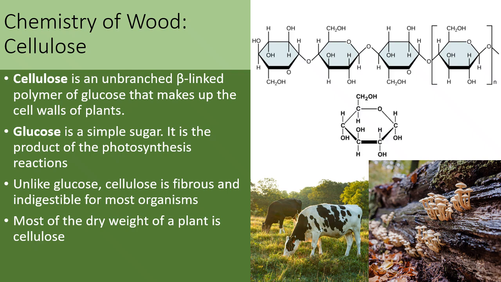Glucose is a simple sugar, and that's the product of the photosynthesis reaction. Plants make a glucose, and then they beta link one glucose to another glucose to another glucose to make these cellulose fibers, which, because the bonds are on alternating sides, are able to stay relatively straight.